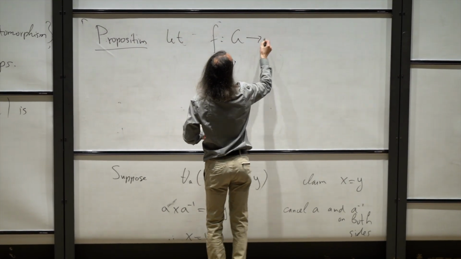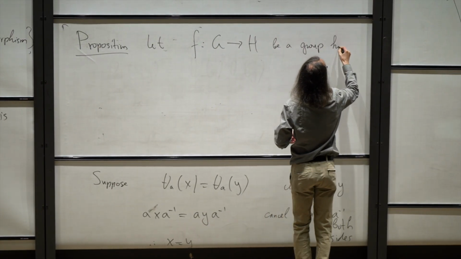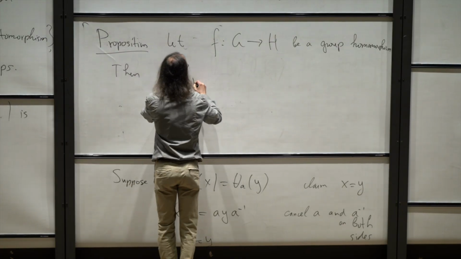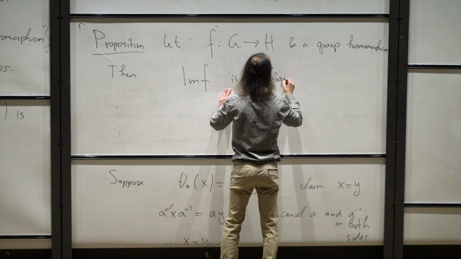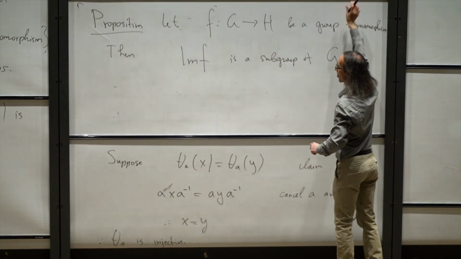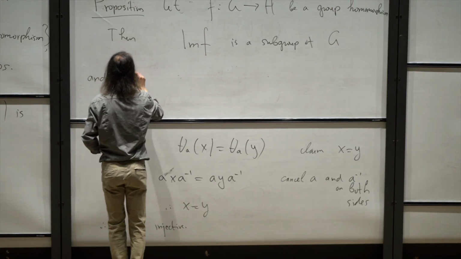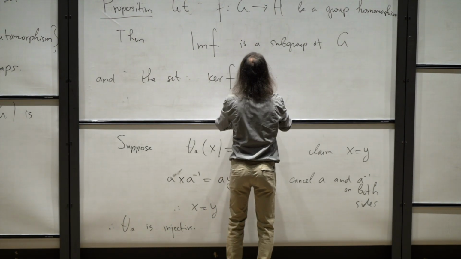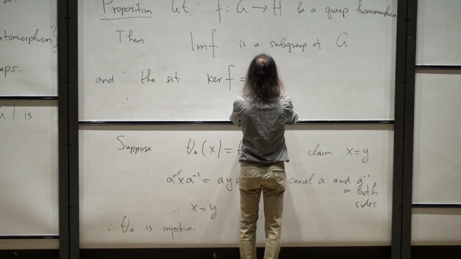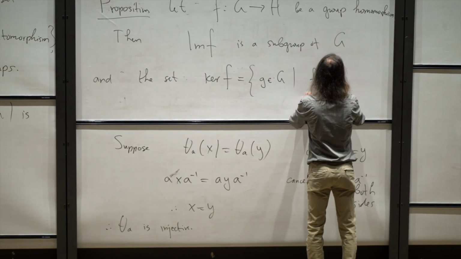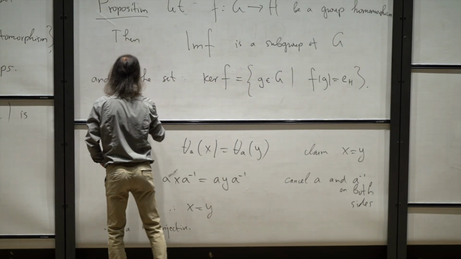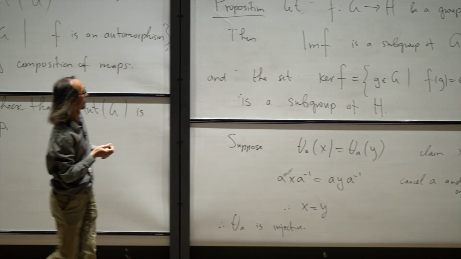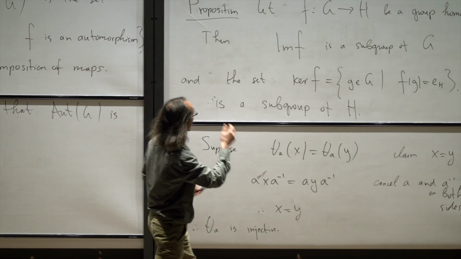Let f be a group homomorphism. Then the image of f is a subgroup of H, and the kernel of f, the set of all elements g in G such that f of g is the identity of H, that is the pre-image of the identity of H, is a subgroup of G. Subgroup of H, thank you.